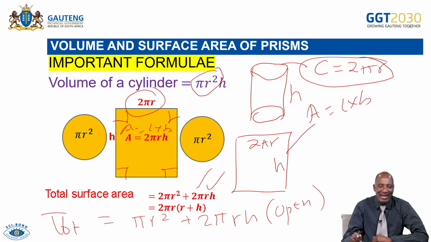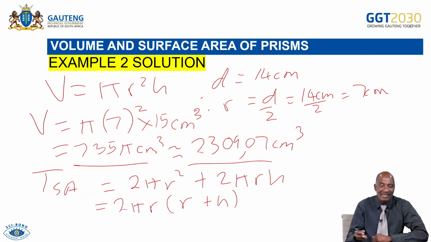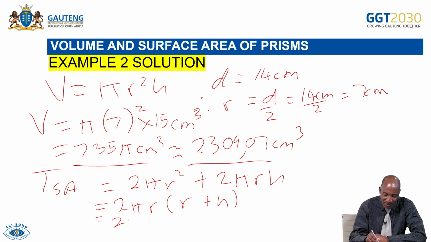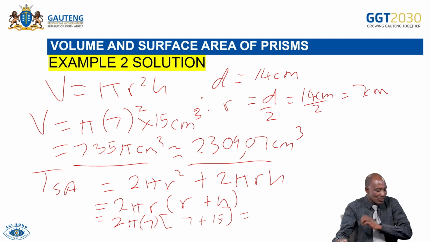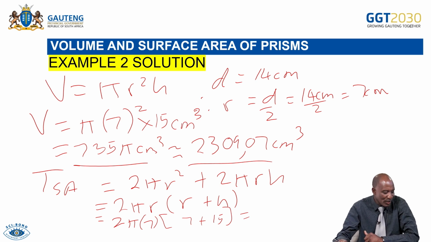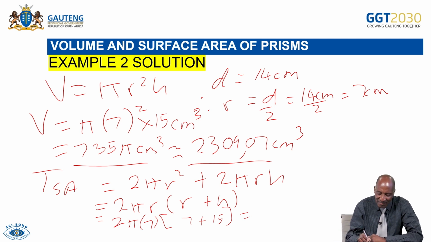Then you replace your r and h. So it becomes 2 pi, let's keep pi, then our r, that is the radius, which is 7, into 7 plus 15. Then you simplify and get your total surface area. I'm getting 308 pi centimeter squared when you punch it on your calculator.